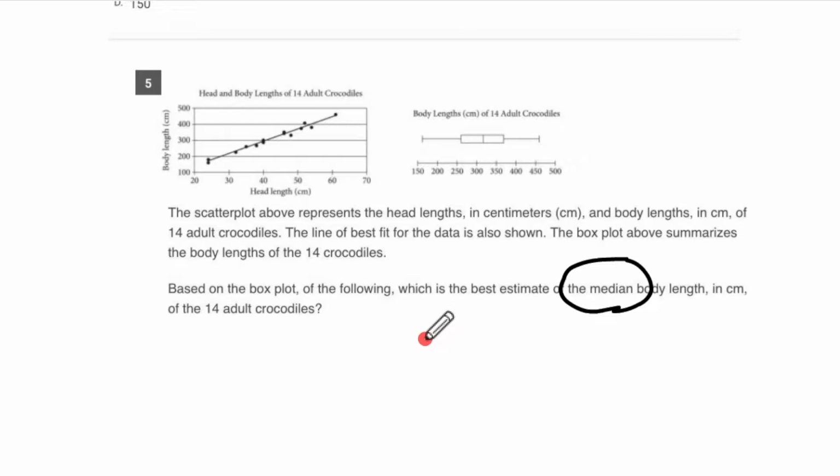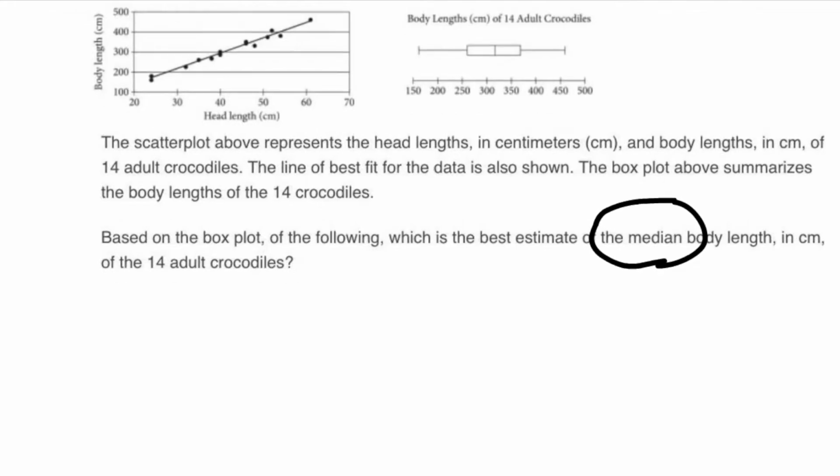Now, when I'm teaching the SAT prep, I have not taught this, so I want to make sure all my students taking the class look at this problem and understand what a box plot is. Let's expand this a little bit. There we go. A box plot has the median value right in the middle. This is your median value, which is the middle value.